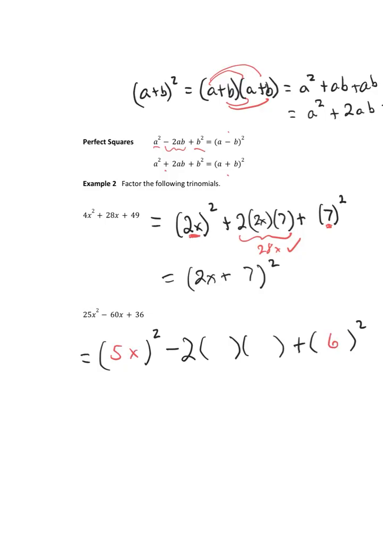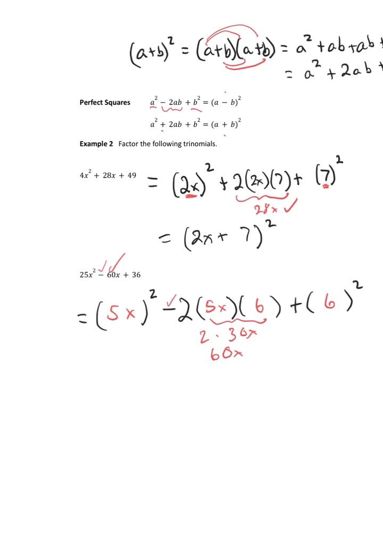The last term is 6 squared. And if I do 5x times 6, that right there is 30x times 2 gives us 60x, just like we wanted. And we do have the negative already in there, so that'll take care of it. So it looks like we got that as well.